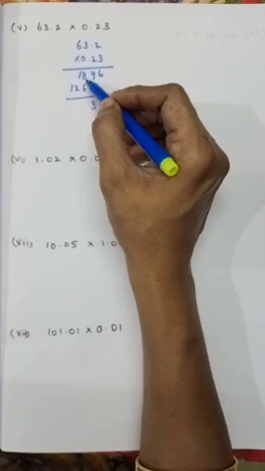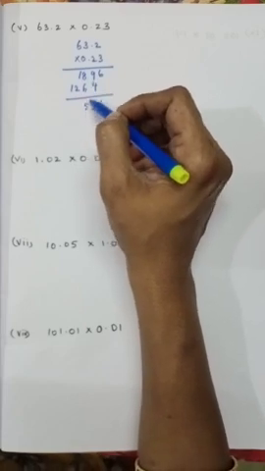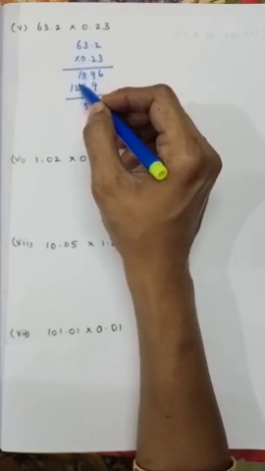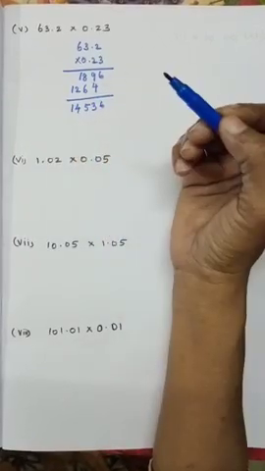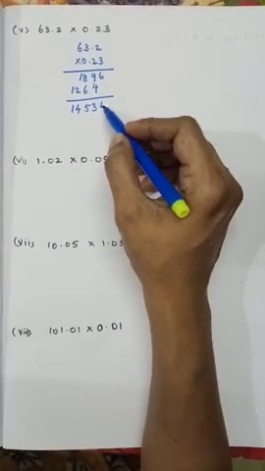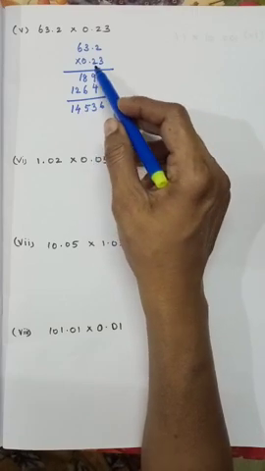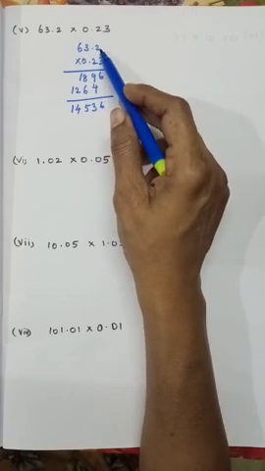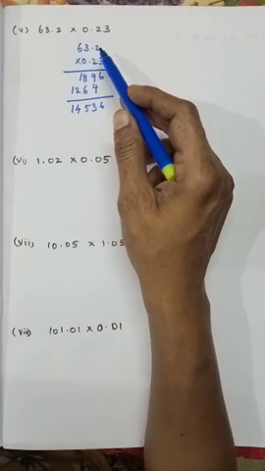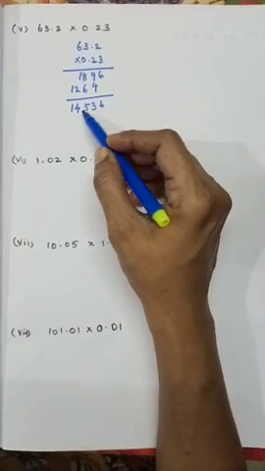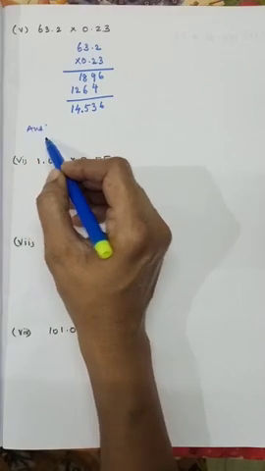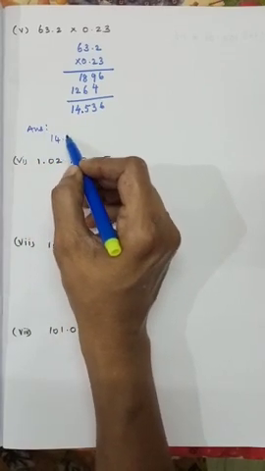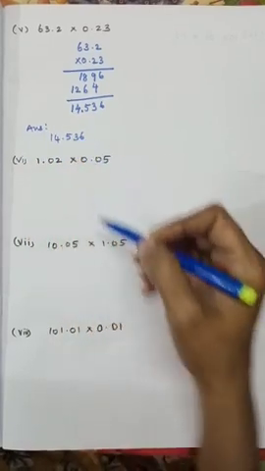Remainder 1. 9 plus 6 is 15, 5. Remainder 1. Then 2 plus 1 is 3, plus 1 is 4. Then 1 here. After 1, 2, 3 digits you have to keep point. Okay. The answer is 14.536.